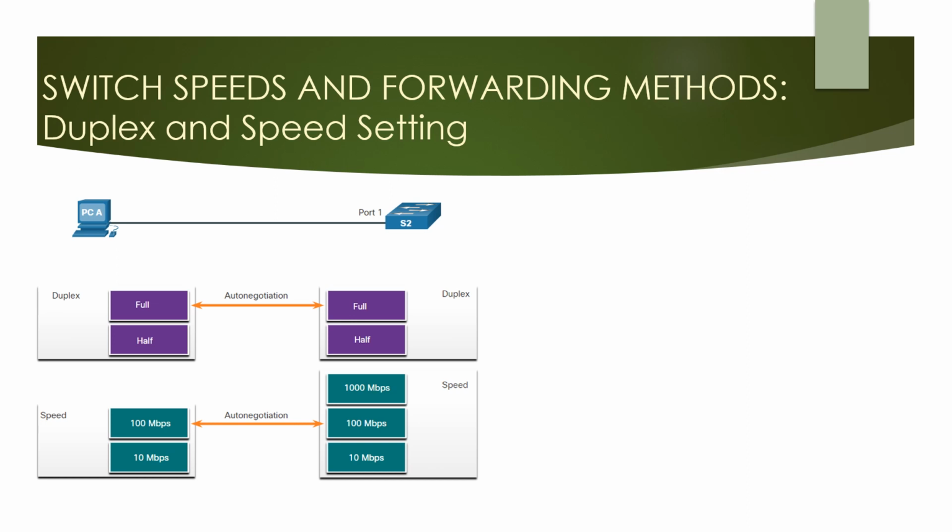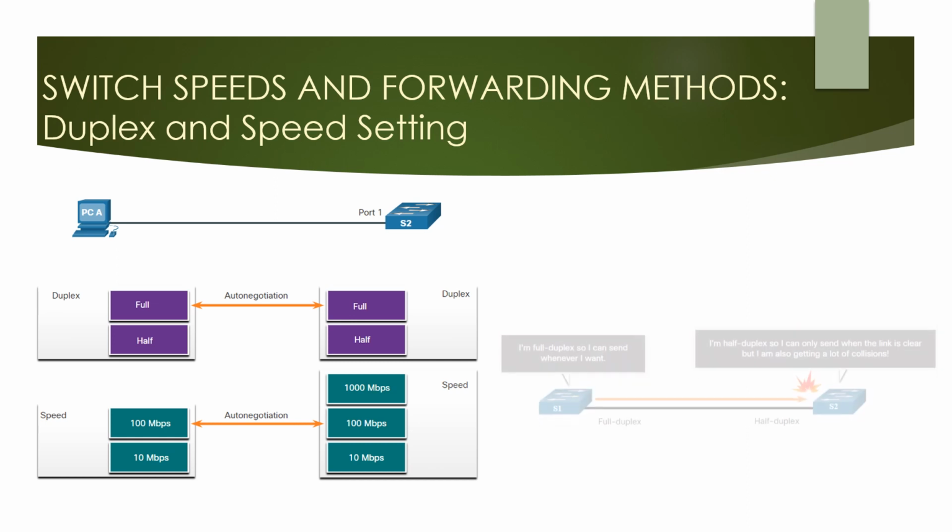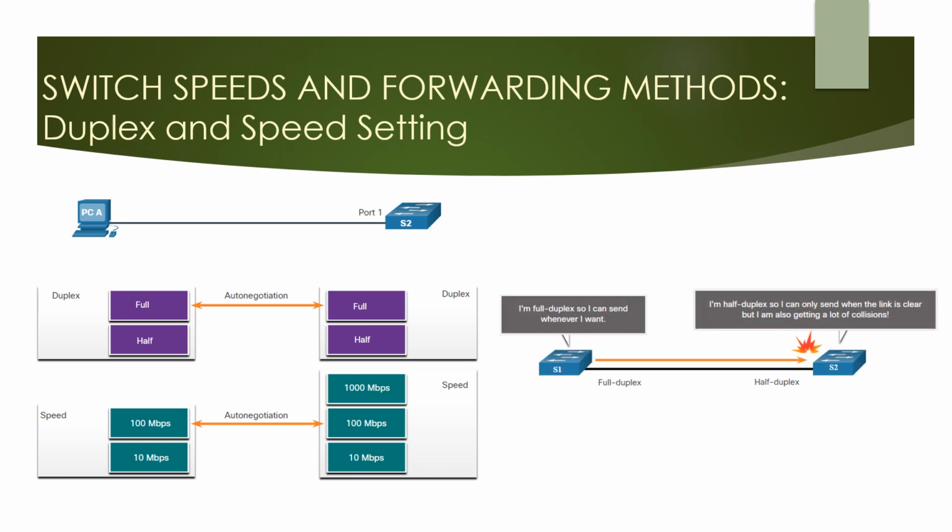Duplex mismatch is one of the most common causes of performance issues on 10 and 100 megabit per second Ethernet links. It occurs when one port of the link operates at half duplex while the other port operates at full duplex, as shown in this figure.